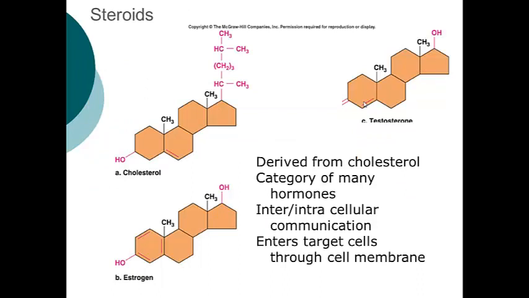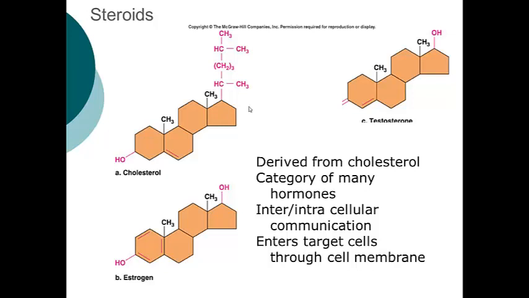Steroids are derived from cholesterol, and here you can see cholesterol has a characteristic shape that consists of four carbon rings that are attached together. So you can limit your cholesterol in your diet. And when you do that, your liver will make some cholesterol. Some people have difficulty with the buildup of cholesterol, and we'll talk about that a little bit more later on in the year.